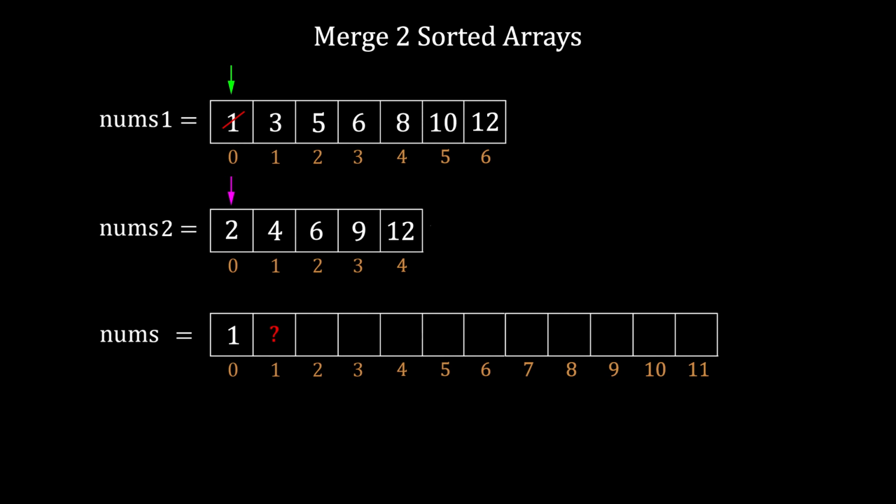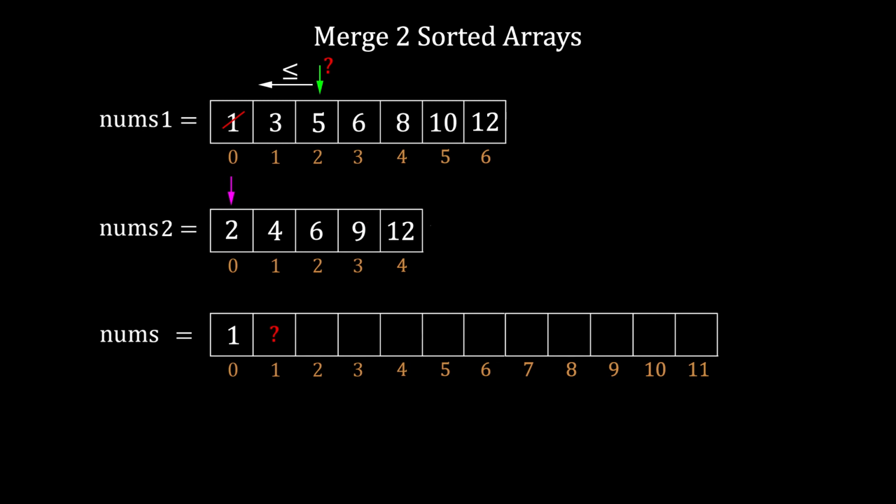Let's suppose it's part of nums1. Could it be nums1 of 2? Again, no. Because if this would be the second smallest element in nums, then every element on its left, which is less than or equal to this element, is going to be placed after it in the array nums, which is not correct.